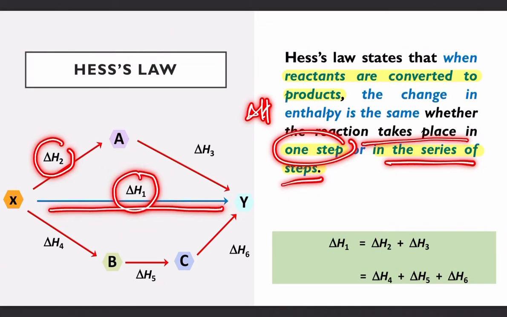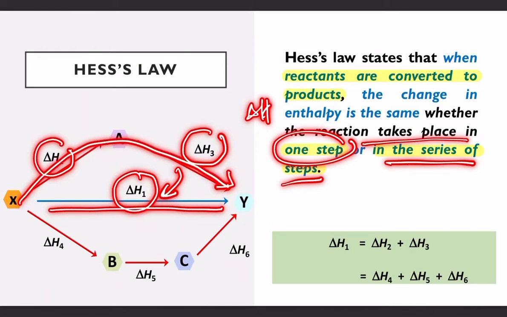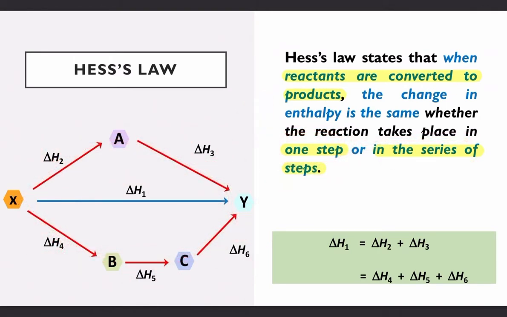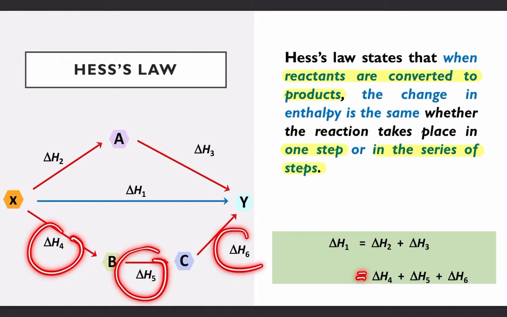So whether it is delta H2 plus delta H3, it will equal delta H1, we go through this route, or we can have 3 steps, 1, 2, 3, delta H4, 5, and 6, we go through these steps to produce our product Y. So from there, when we write it in terms of equations, we know that delta H1, the one-step process here, from our reactant X to product Y, is equal to delta H2 plus delta H3, or is also equal to delta H4 plus delta H5 plus delta H6.